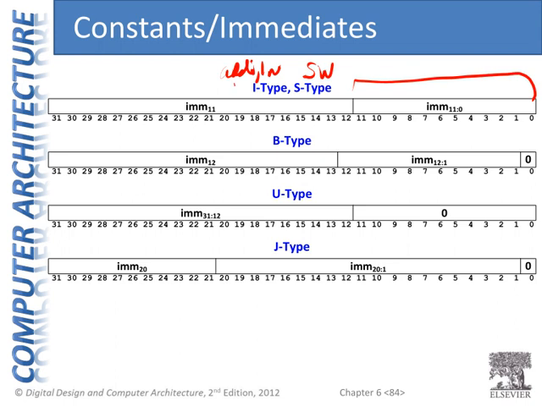Or for add immediate, we're going to add it to a source register to then get the addition. So in order to add two numbers together, they have to be the same width. So our 12-bit immediate, we have to then turn into 32 bits. How do we do that? Well, we sign extend it. So we take our bit 11, our most significant bit, and repeat it in the top bits. In this case, in the top 20 bits.